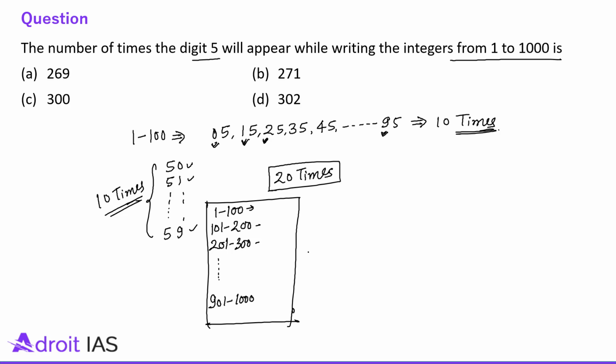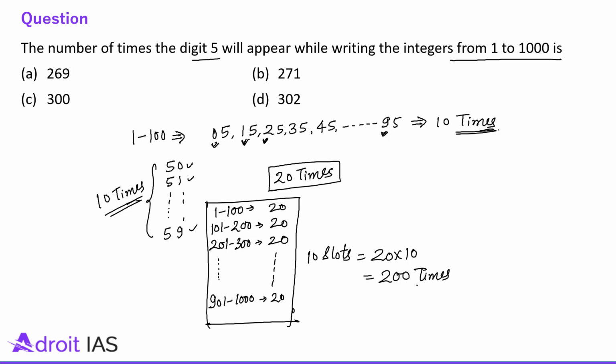We have total 10 slots, and in every slot we have written 5 20 times, right? So this is 20 into 10, this is 200, right?